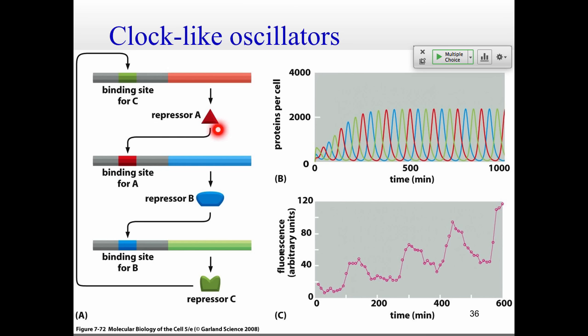And then once that's been shut down, you'll have expression of the next gene, which will shut down expression of the next gene, which will shut down expression of the next gene. So in theory, just starting out here, we have expression of A, which will then get blocked by expression of C, which will allow each of these proteins to be expressed really very much in a circuit.